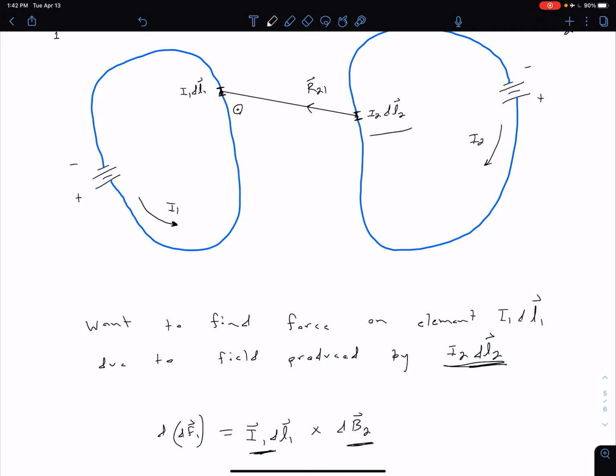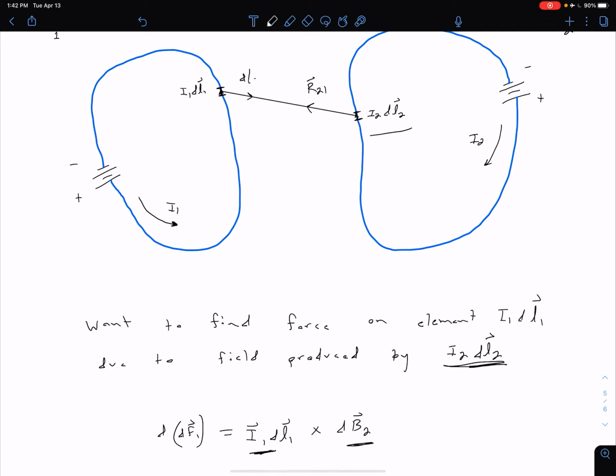And so what that tells us then is if our dl is in this direction for our dl1, again, we use our right-hand rule, we put our fingers in the direction of dl. We're going to cross product with B, so we're curling them up towards B, which is pointing out of the page, and we see that our resultant force is going to be in the direction of our thumb, which is towards the right. So all that to say that we can know the direction of our force is going to be in this direction here.